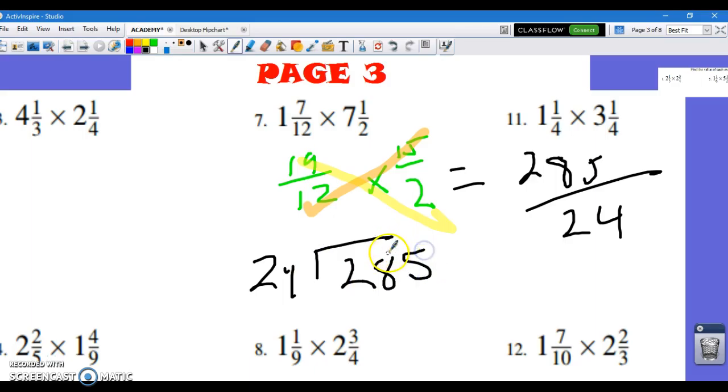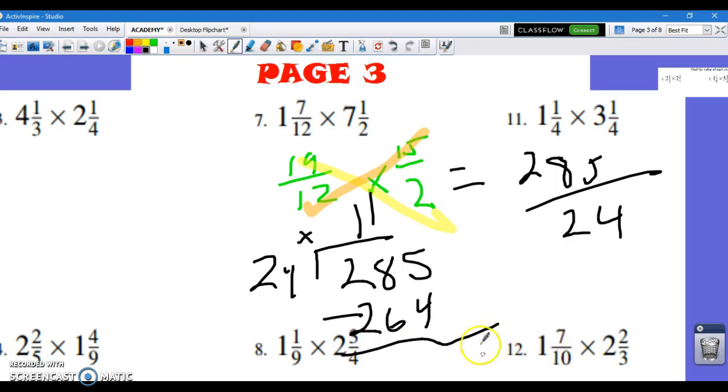So I will use the calculator to help me with my division. 285 divided by 24, that's 11. 11 times 24 is 264, and then we subtract. 285 minus 264 is 21 left over.